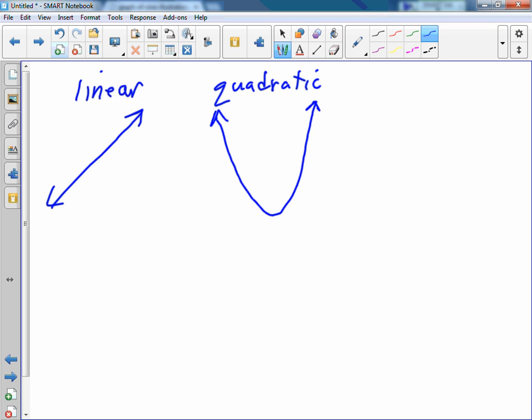Linear is like y equals 2x plus 5. Quadratic is like y equals 0.5x squared plus 7x plus 3, or whatever. Those are real typical. You can have cubics.